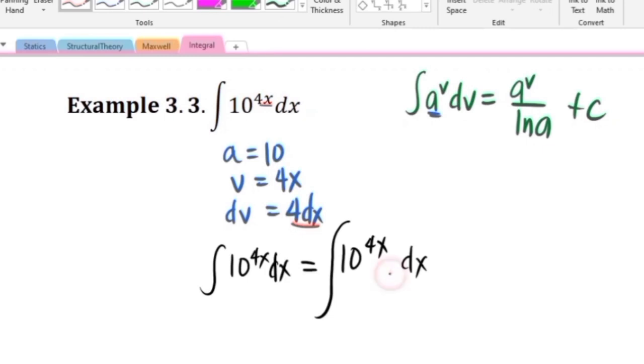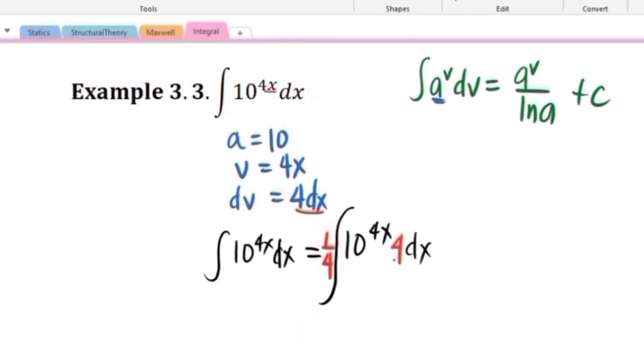So, since we are missing a 4 here, we multiply 4 here and we multiply the reciprocal of 4 outside, so that is 1/4. So, we can see here, if this is v, this expression here is your dv. So, its derivative is already beside it, therefore, we can now use the formula, and that is 1/4.